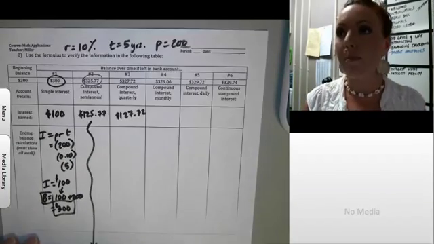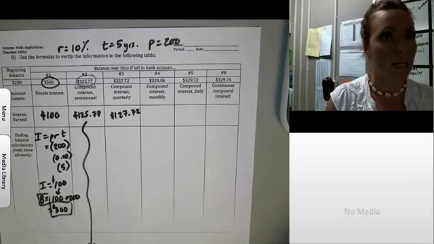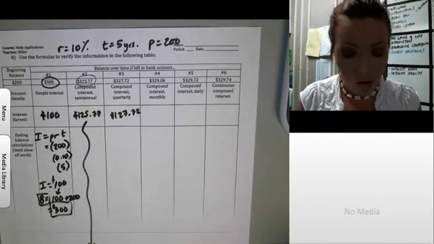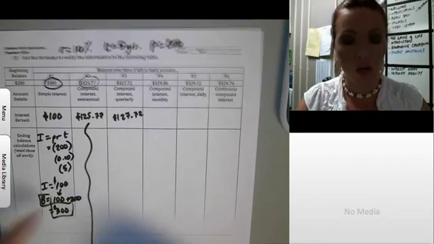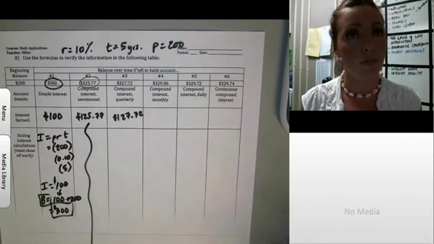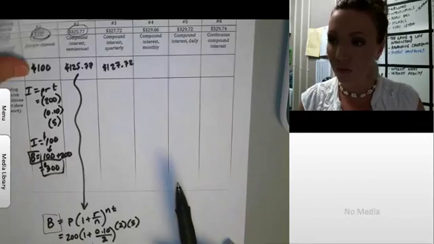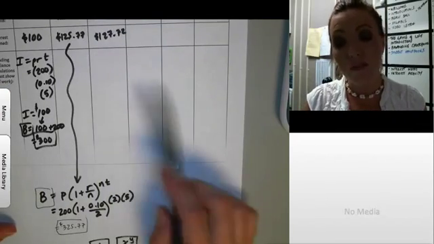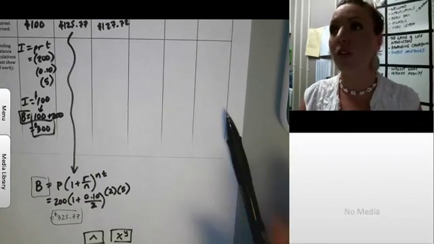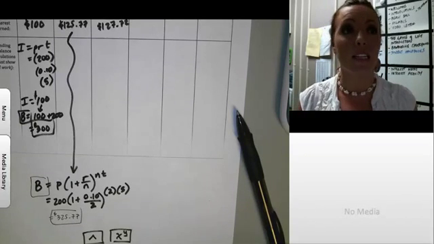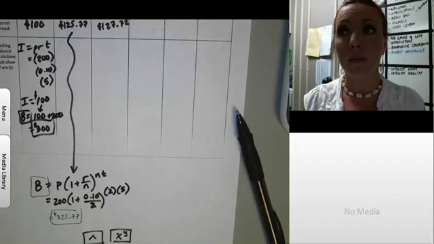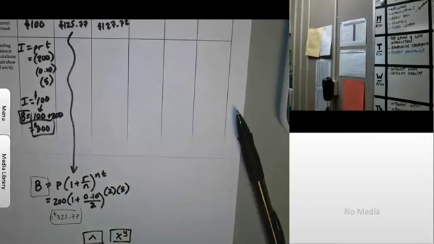B represents the ending balance, I represents interest earned. So this one it's already wrapped into the formula itself, okay? So you're using this same formula for the next 3 of them and then the continuous compound interest for the last, okay? And this is it. Questions? Okay, go for it.